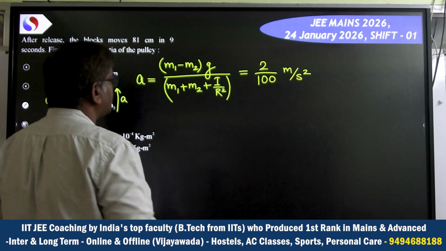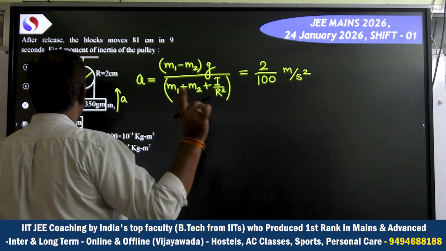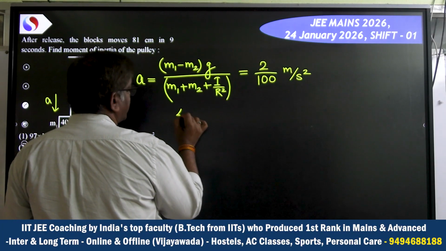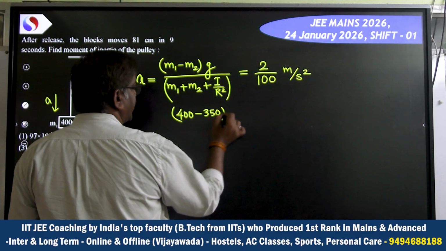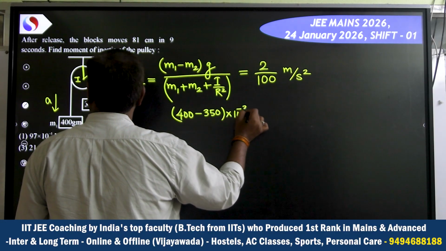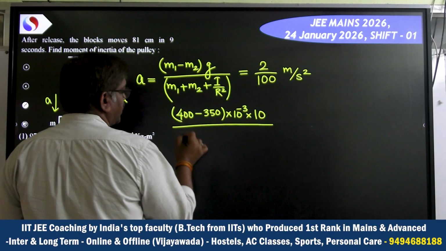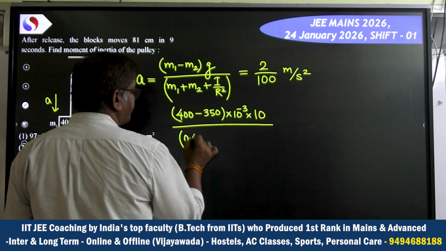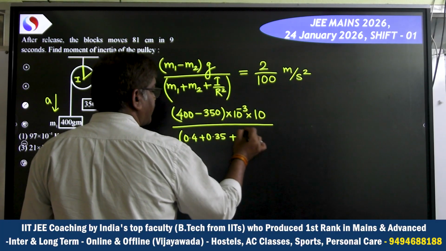Now substitute all the values and please put all the values in SI. So this is m1 minus m2 is 400 minus 350 into 10 to the power minus 3. They are in grams. Into g is 10 divided by m1 plus m2, that is 0.4 plus 0.35 plus I by R square.